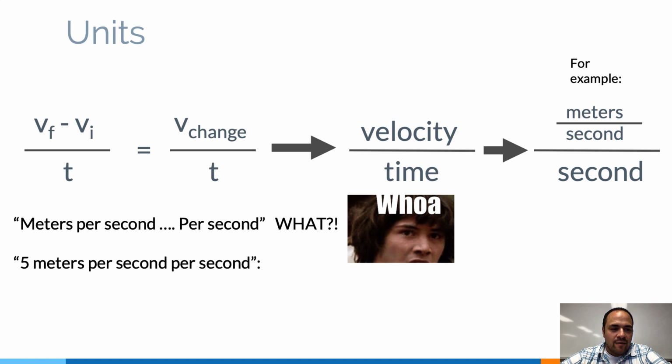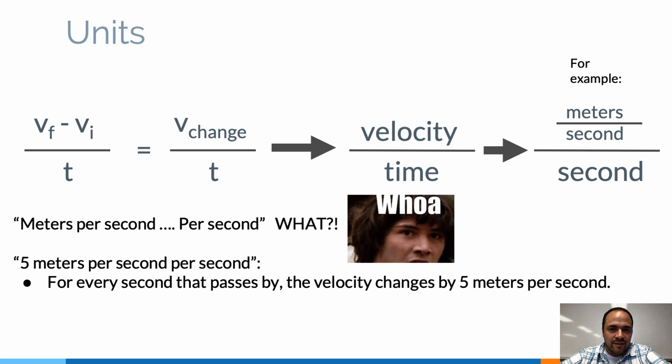Specifically, what would 5 meters per second per second mean? And again, we're talking about a change in velocity over time. What that's telling us is that for every second that passes by, the velocity changes by 5 meters per second. So every time a second goes by, the object is changing its velocity by 5 meters per second.